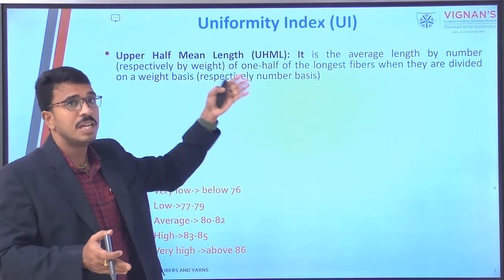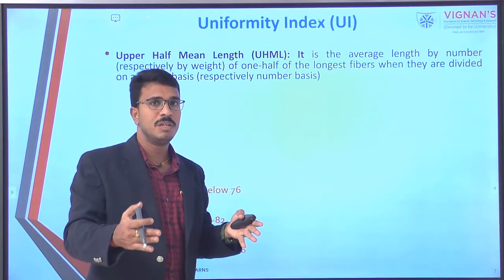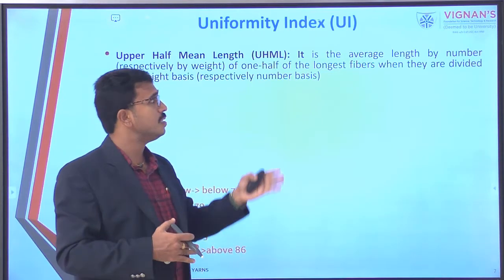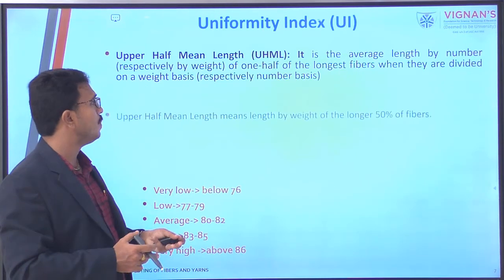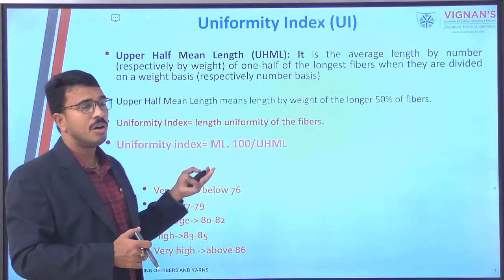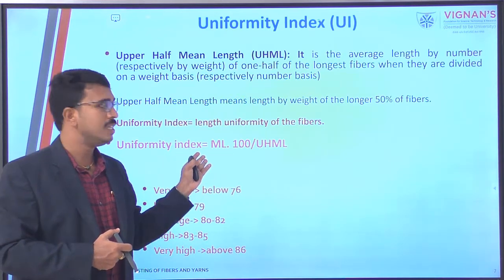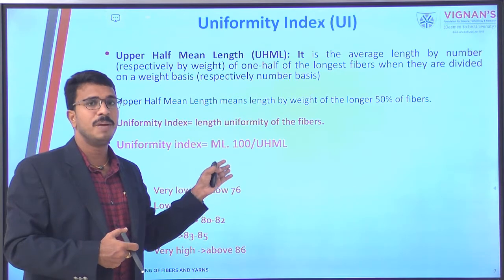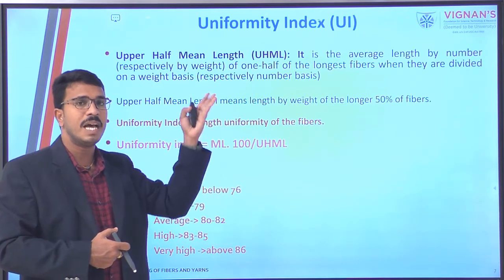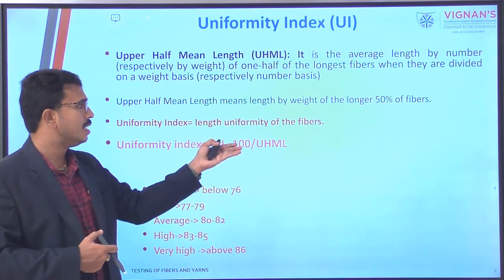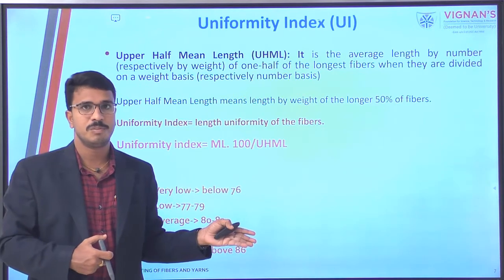That is called the upper half mean length, and from that also we can find out the uniformity index, where we can use this formula: mean length into 100 divided by upper half mean length. So the mean length, that is the average length of fibers, divided by the upper half mean length will give us the uniformity index also.